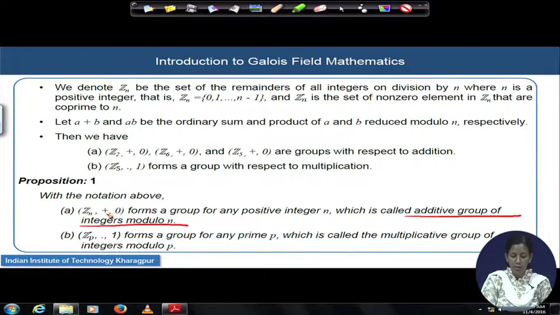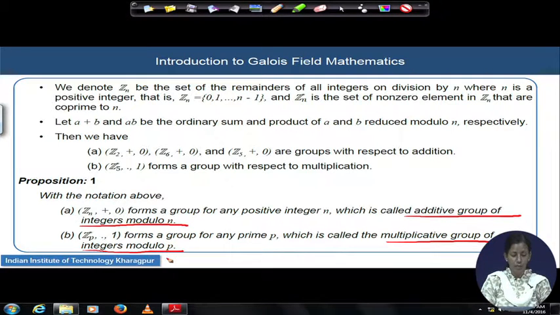And if p is a prime number, then Z p star with multiplicative operator and identity element 1 will also form a group for any prime p, which is called the multiplicative group of the integers modulo p.